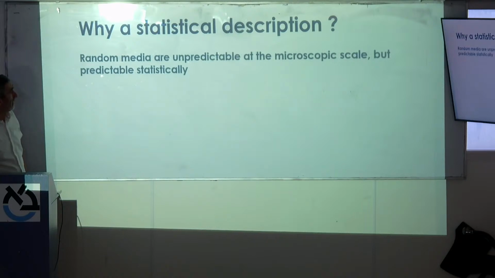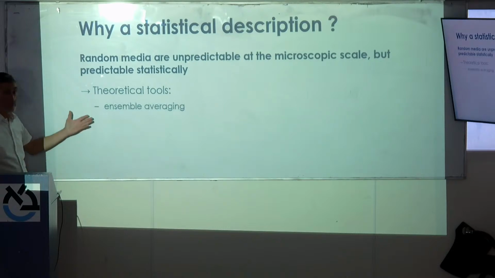So random media are unpredictable at microscopic scale, but can be predictable statistically. For that, we also have theoretical tools. Ensemble averaging: are you familiar with this concept? You average over many configurations.